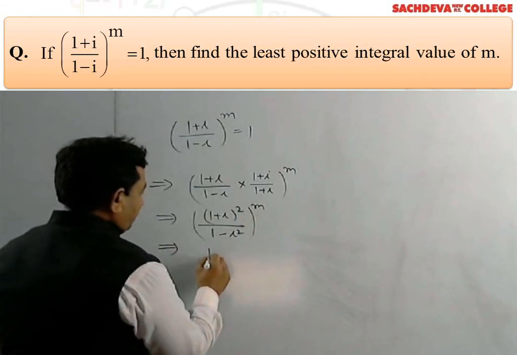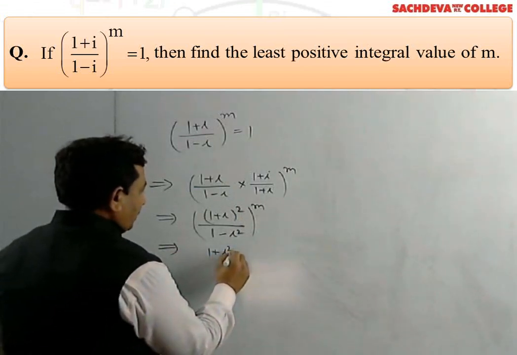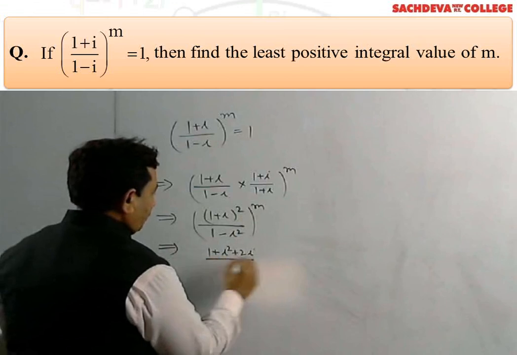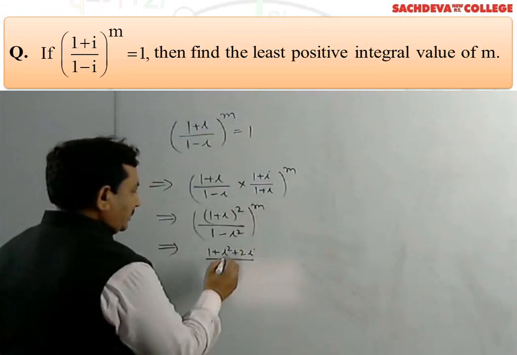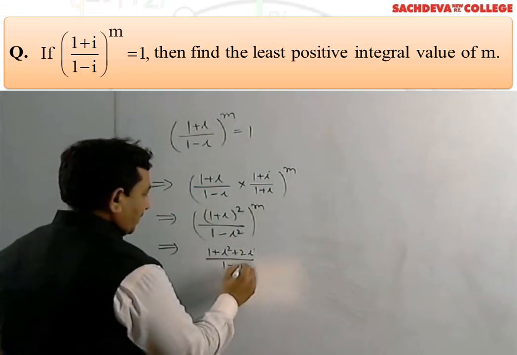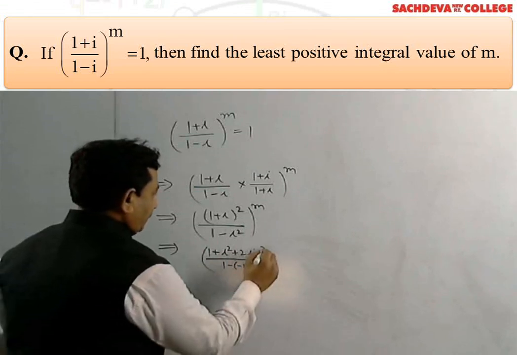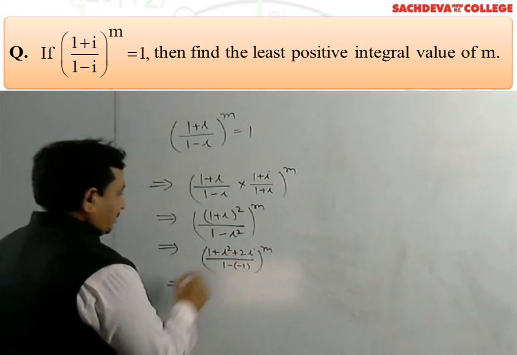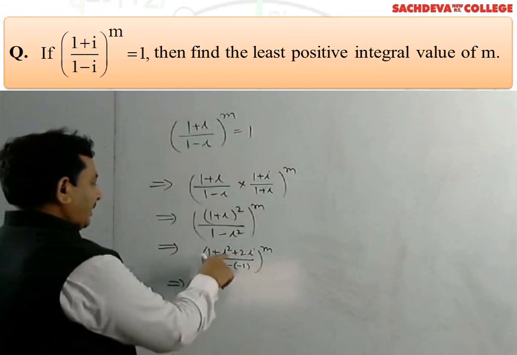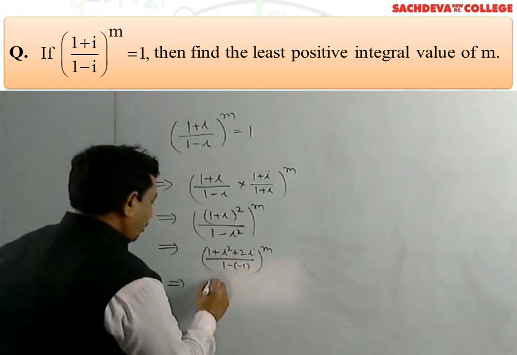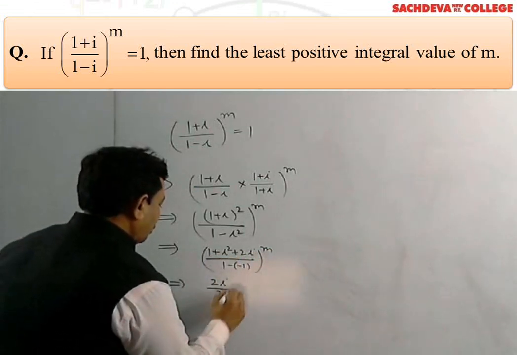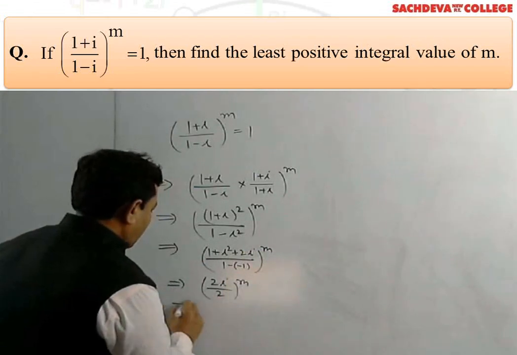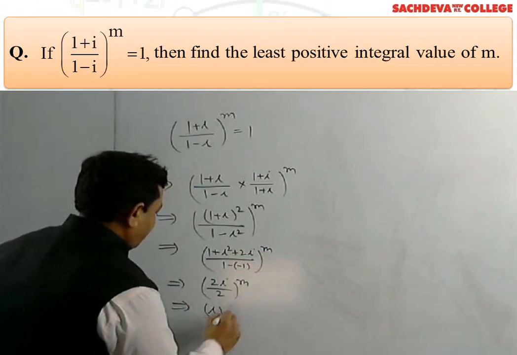This will be (1 + i^2 + 2i) upon, because i^2 is minus 1, 1 minus (-1). So you find 2i divided by 2, to the power m, which is equal to i^m.